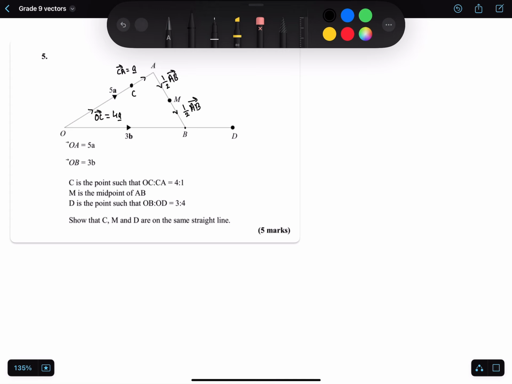And that's why the vector from B to D would just be b because you do 4b minus 3b, which gives you b. So that's all the information that they've given us on this question, and we've marked it all down on the diagram. The question asks you to show that C, M, and D are on the same straight line.